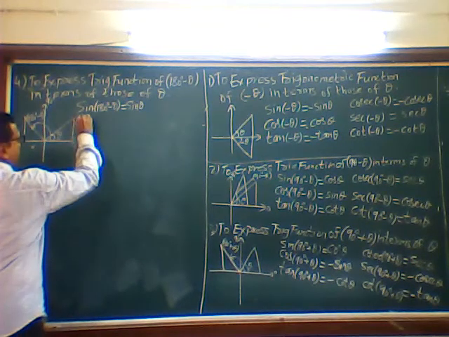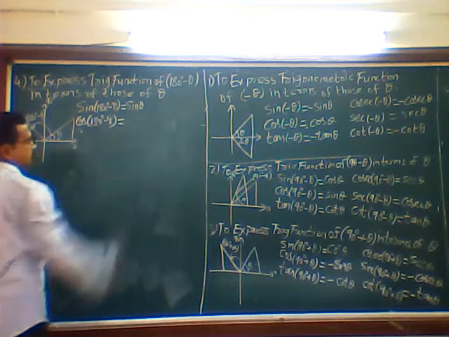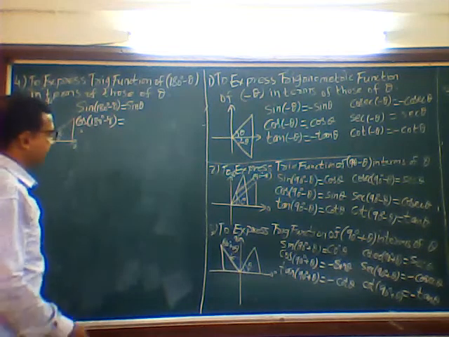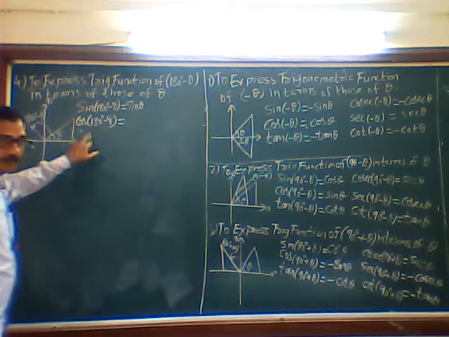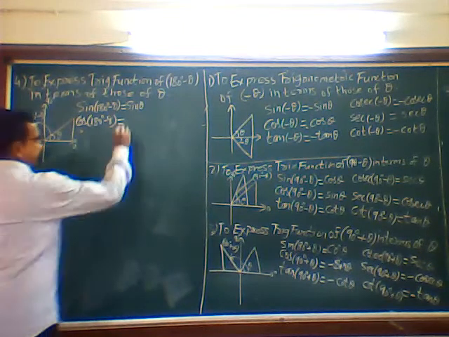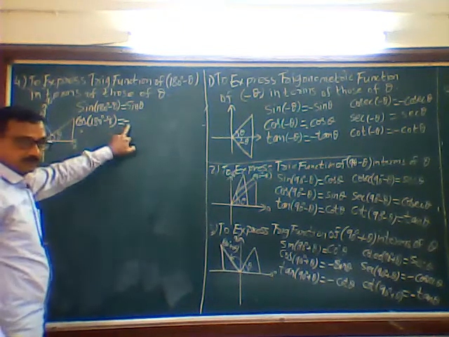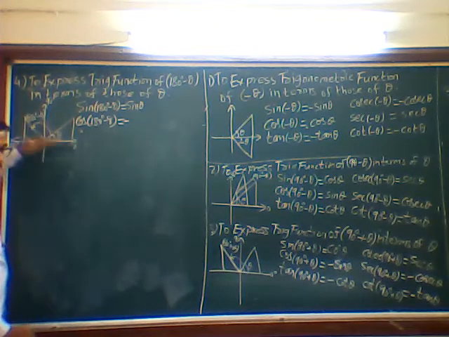Next, cos of 180 minus theta. Okay, fine. Now cos of 180 minus theta. Cos in second quadrant is negative. Since angle 180 degree is lying on the x-axis, the ratio remains the same.